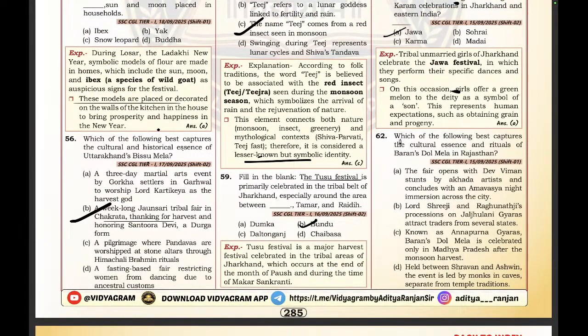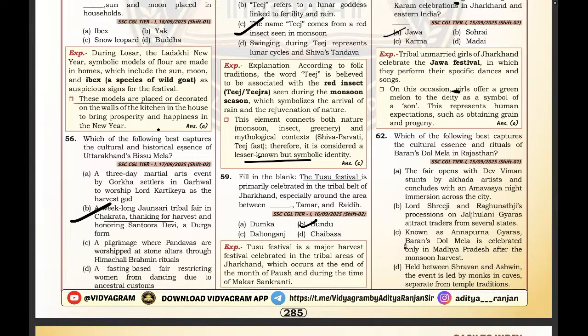Okay. Which of the following best captures the cultural essence and rituals of the Baran Dol Mela, Rajasthan? Where it opens with Dev Viman carried by the Akhada artists and immersion nights and immersion across the city. Lord Sriji and Raghunath Ji's procession. What should I say about this?